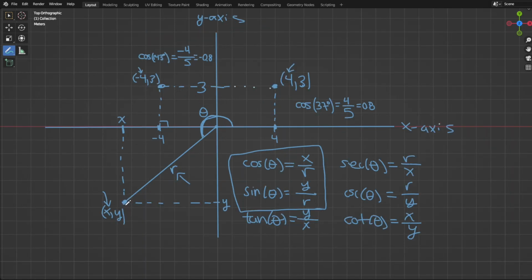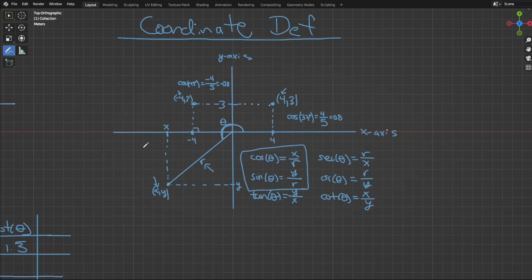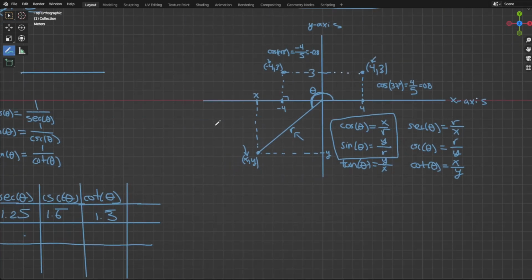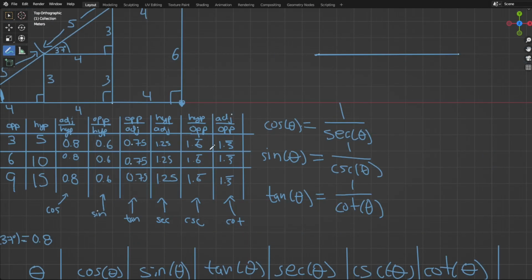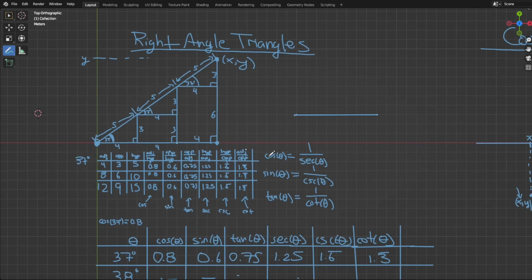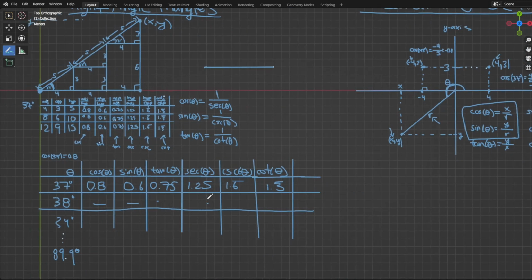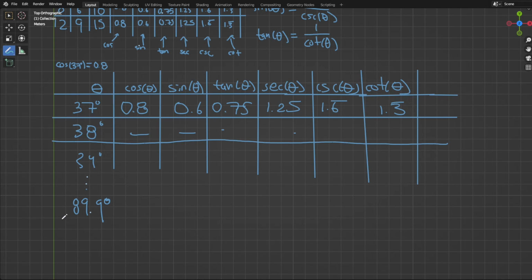And yeah, I guess that's mainly it, the larger values of the angle theta, because that was the issue with right angle triangles. And then this table would no longer end here.